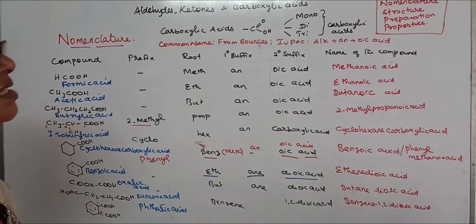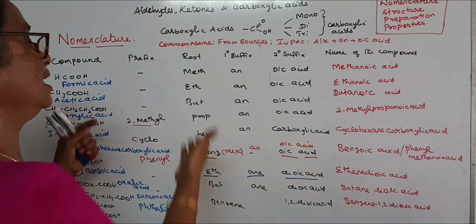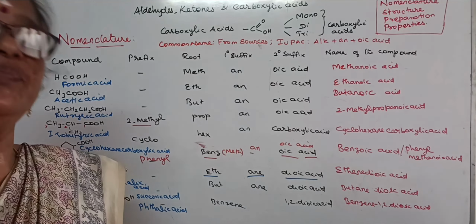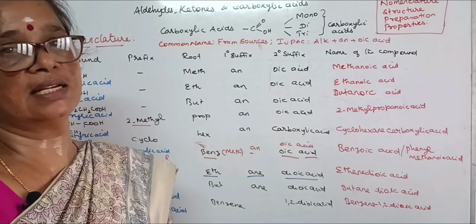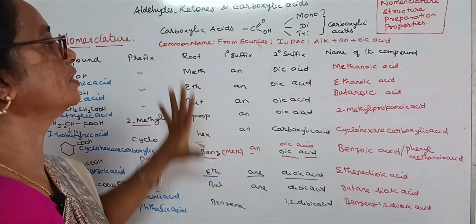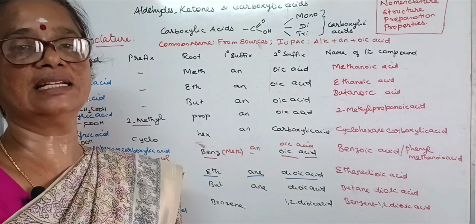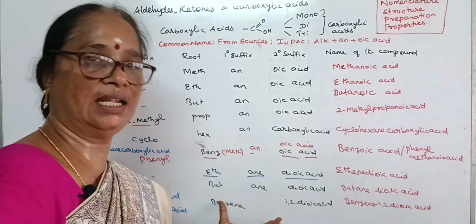Not only this, we can have so many dicarboxylic acids, and you know these carboxylic acids are commonly known as fatty acids. Why do they call it fatty acids? The higher members of these carboxylic acids are found in glycerides, that is, the esters of fatty acids.